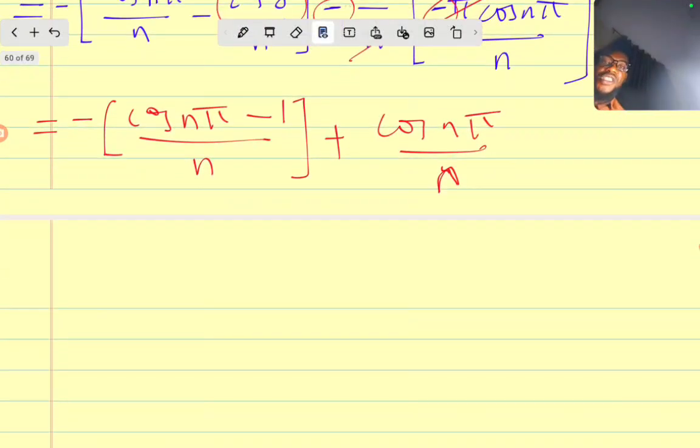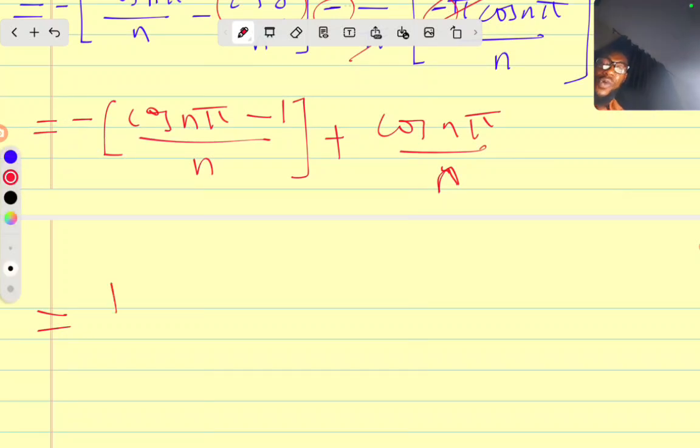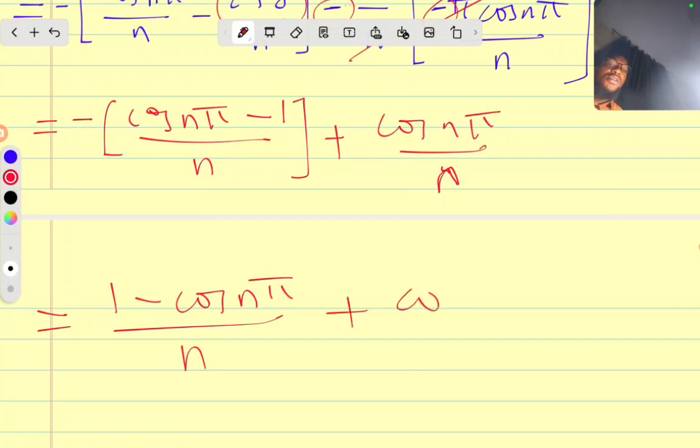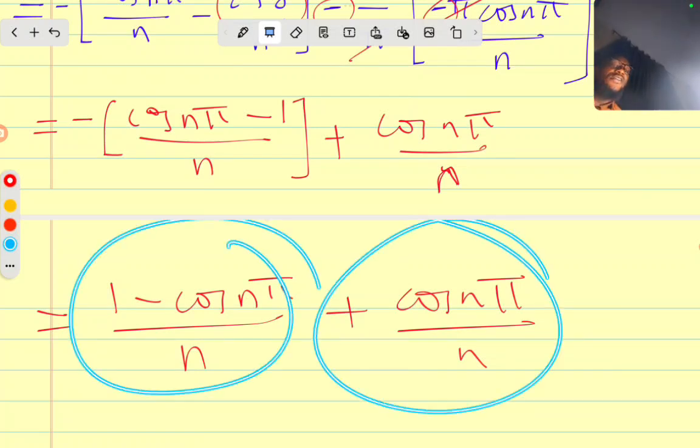If I should proceed a bit, this is the same thing as, I will use this minus to multiply what I have here. So I'm going to have 1 minus cos n pi over n, then plus cos n pi over n. If you go back to our basic mathematics, you can see that these two fractions are like fractions.